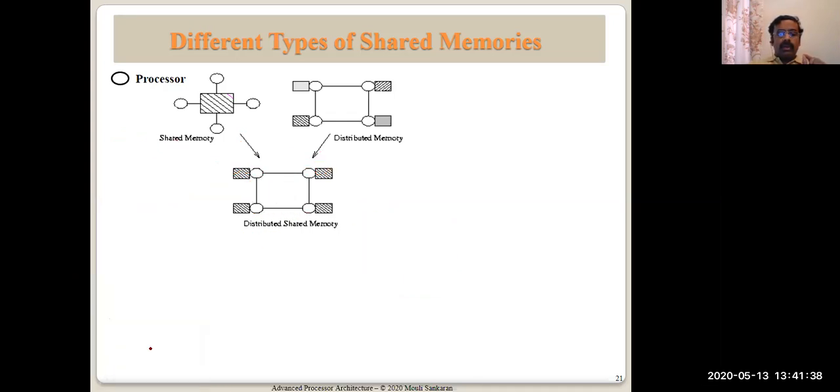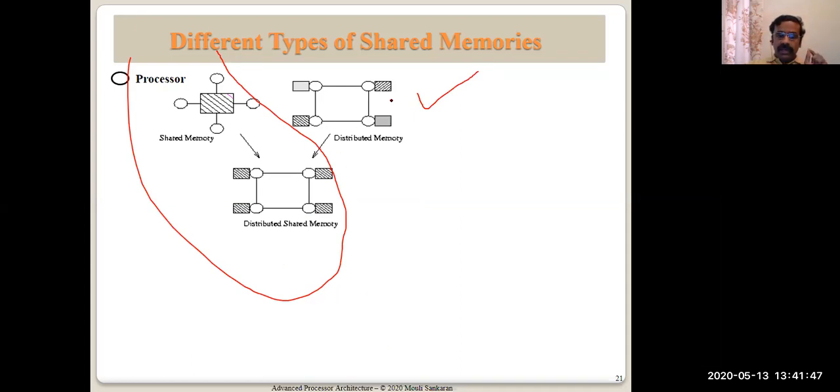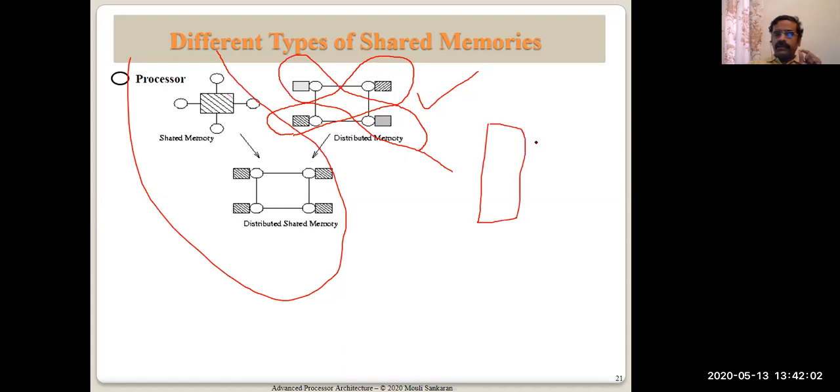So now what is the difference between these two and this? You can see from the picture, the shades are different. That means these two memories fall under the same address space. These two memories fall under another, different address space. When I say address space, that means given an address, whether it is physically pointing to the same location or not.